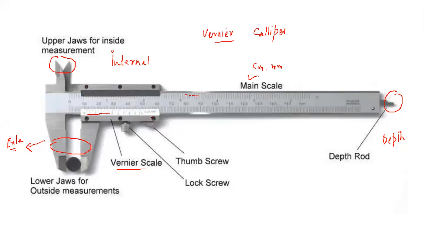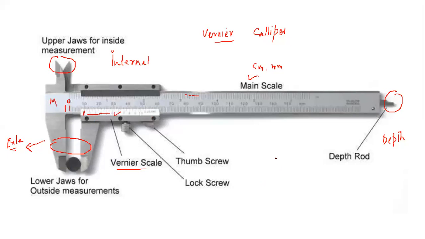Every instrument has some error, and for the vernier caliper these errors are called zero errors. What does zero error mean? You can see this zero is the starting point of the main scale, and this one is also the starting point for the vernier scale.